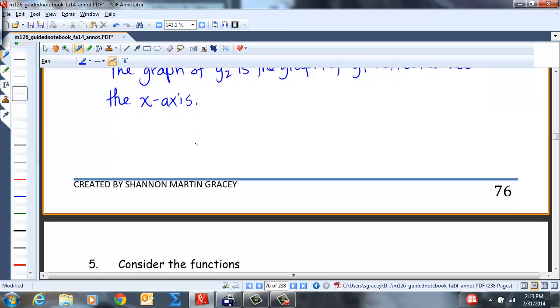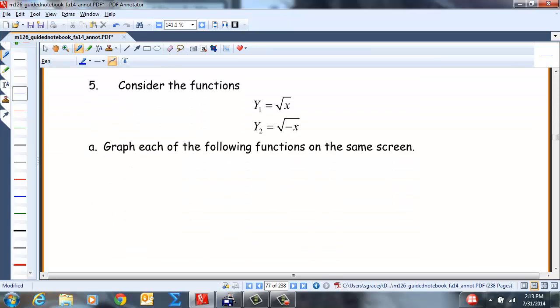Okay. All right, so another couple of functions here.